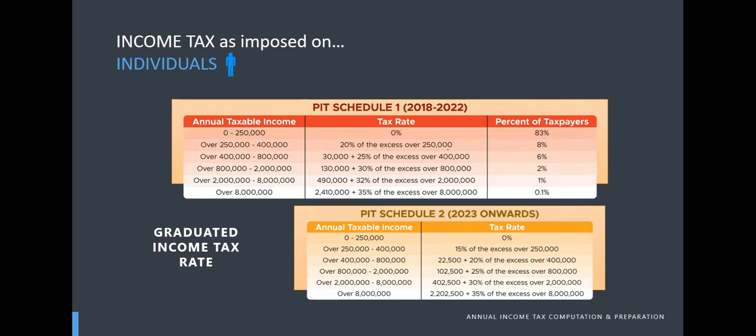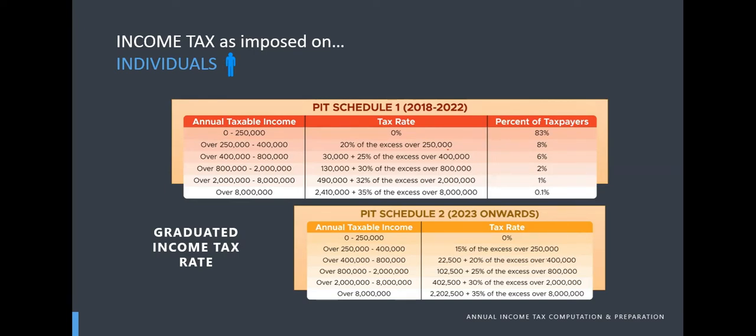It was lessened. So as you can see, for those having 400,000 to 800,000 taxable income, the initial tax is 30,000, whereas in 2023 it will become 22,500 plus 20%, while currently it was 25%.